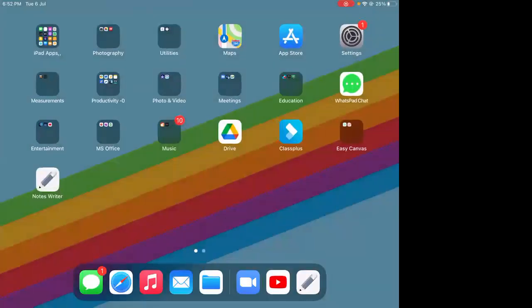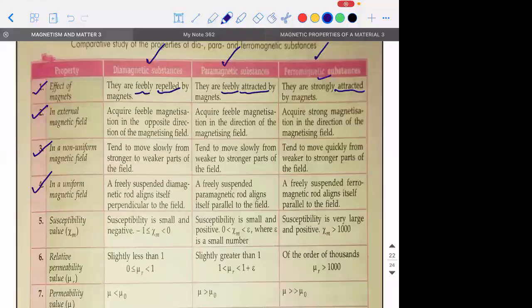Clear, sir. So based on this, you can say now, what will happen when you take a diamagnetic substance and place it in external magnetic field? So it will develop magnetization, which will be feeble, but in the opposite direction to the magnetizing field. Whereas a paramagnetic substance will acquire magnetization, which is feeble, but in the direction of magnetizing field.